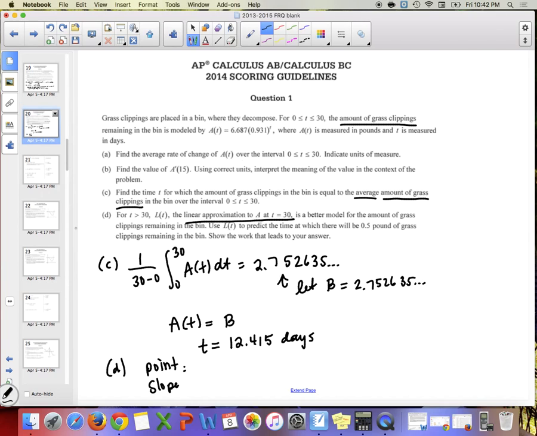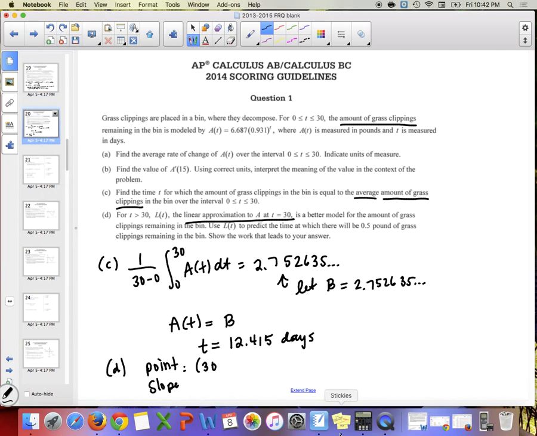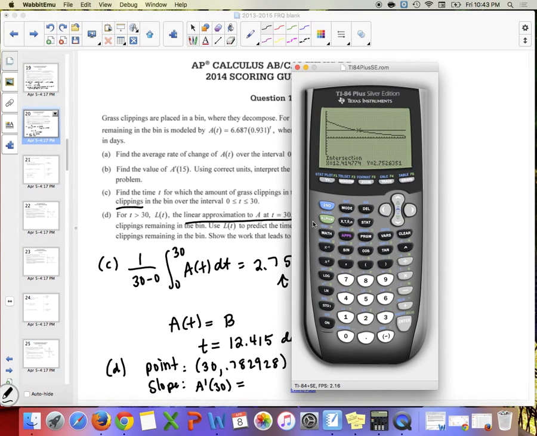So we're saying at t equals 30, so we have 30. And when you plug 30 into your amount, I don't know if we did that earlier, we find that value. It was 0.782928. And then our slope would be A prime of 30, which we haven't found. So we would go ahead and do that using our math 8 again.